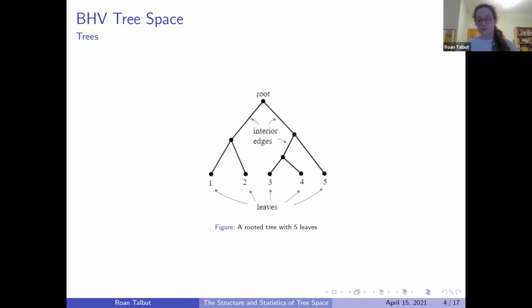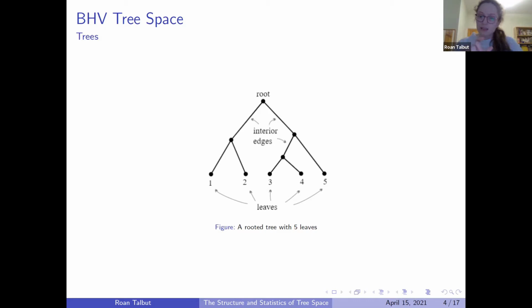From these, we're insisting that they have a fixed number of leaves at the bottom, which are the species or the languages that we're considering. They've evolved from one shared root, which we've got at the top of our tree. Sometimes we'll represent this by a vertex with degree 2, but other times we can represent this by sticking a 0 leaf on there as well. And those two are pretty much equivalent.